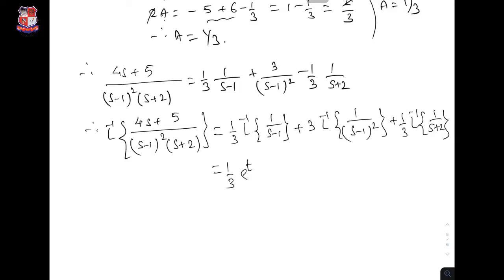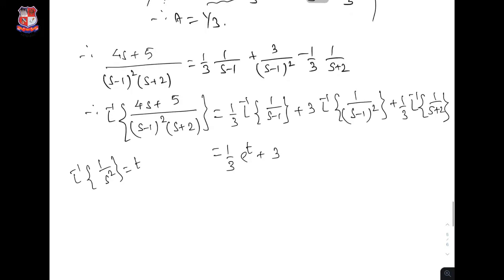This is standard, e power t. Now this you need to take care: the inverse Laplace of 1 upon s square is t, and by the first shifting theorem, 1 upon (s minus 1) square gives e power t into t. So we get 3 e power t into t plus 1 by 3 e power minus 2t.